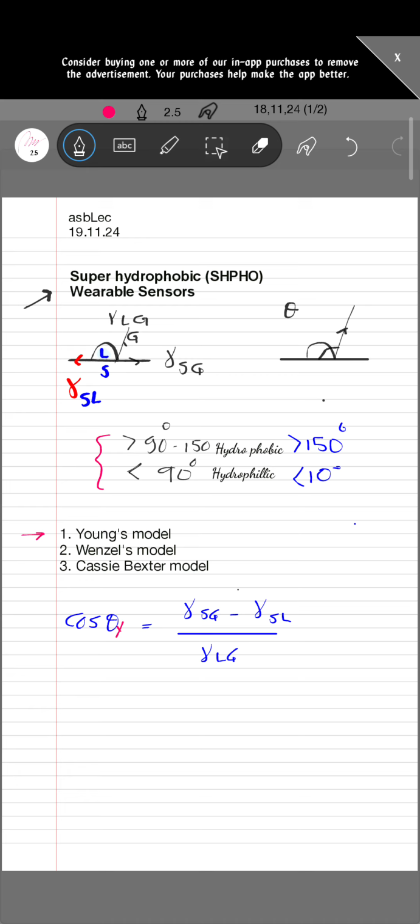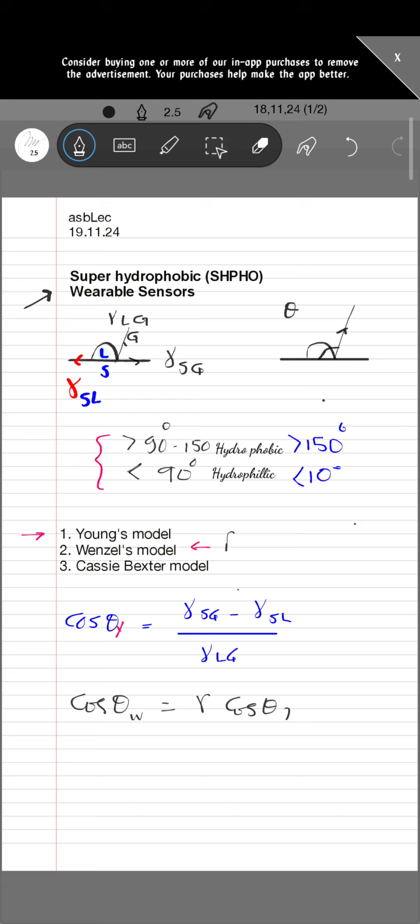Now the Wenzel model introduces the concept of roughness of the surface into this model. So according to Wenzel's model, cos theta Wenzel is equal to the roughness factor R times cos theta Young's.